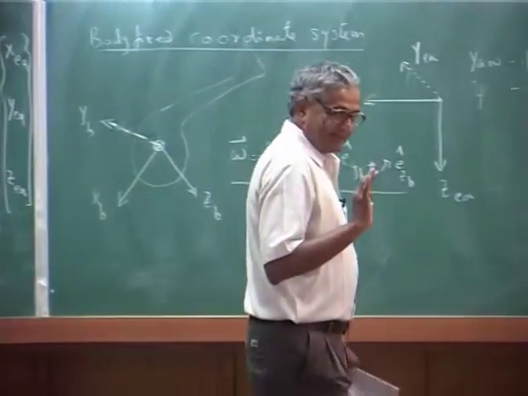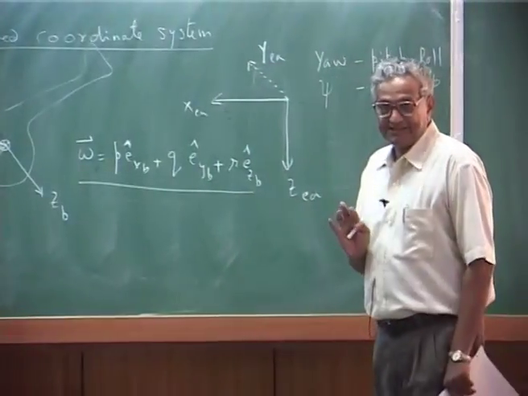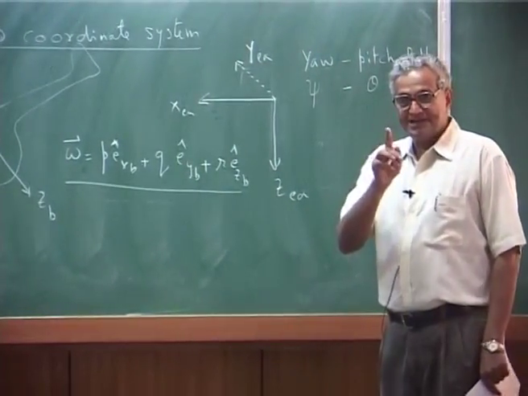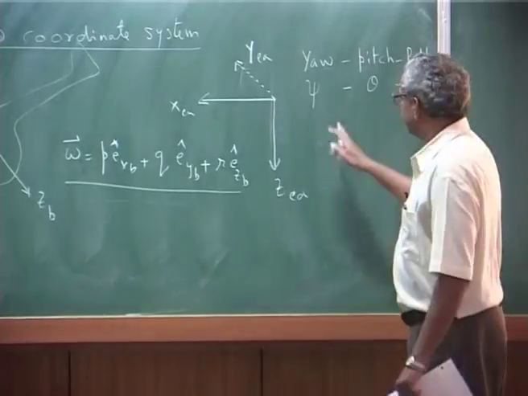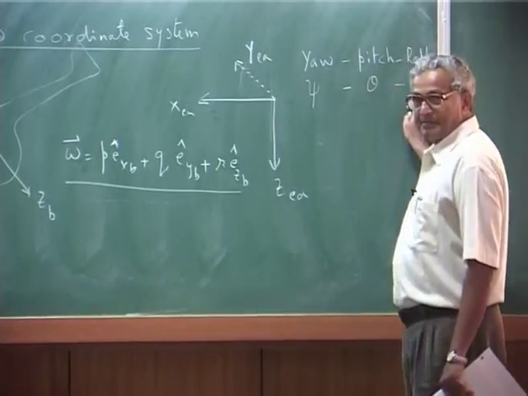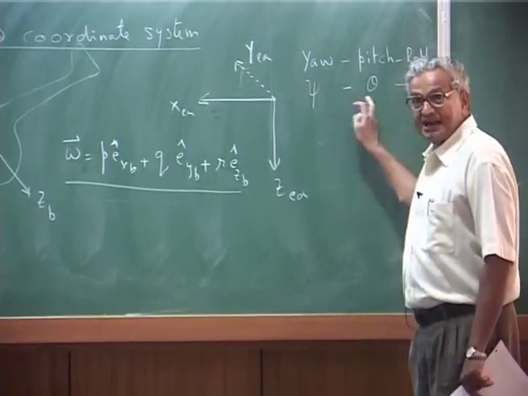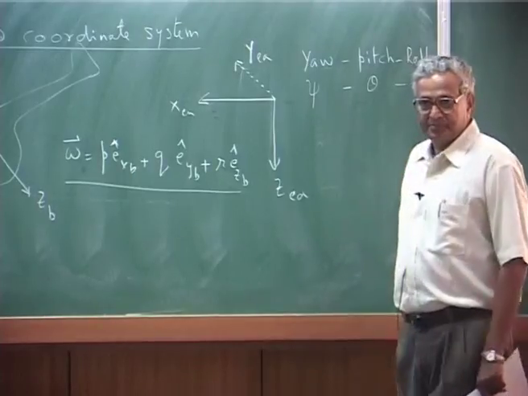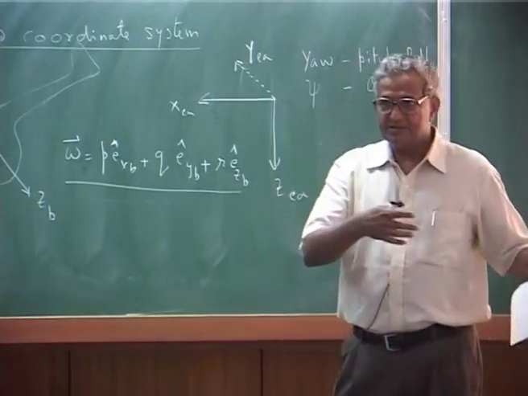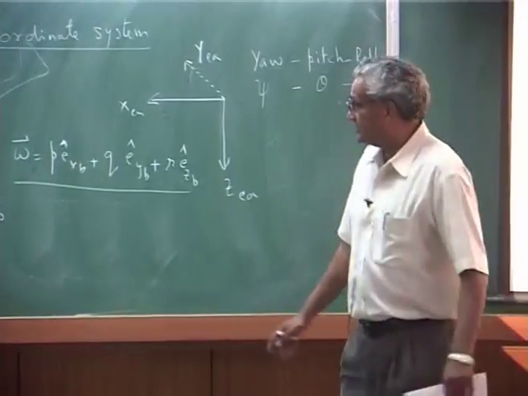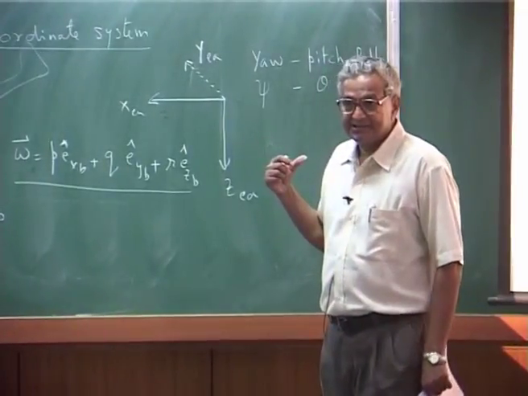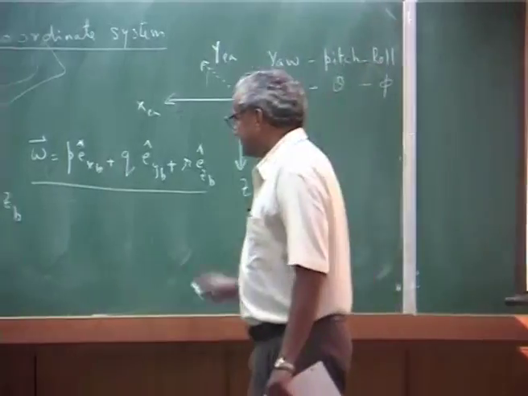Now, you will see, if you want to know the angular velocity vector defined in terms of the time rate of change of these angles, because when the body is rotating, it is also rotating with respect to the earth axis, but you will find the same omega.